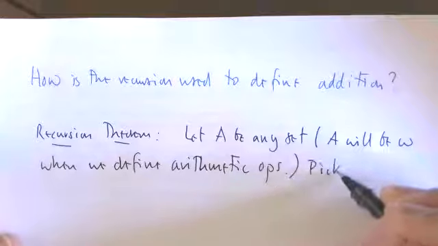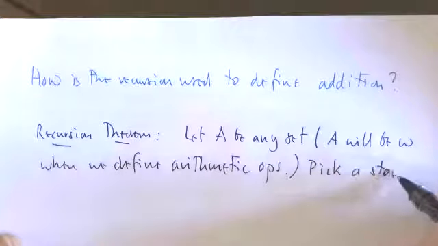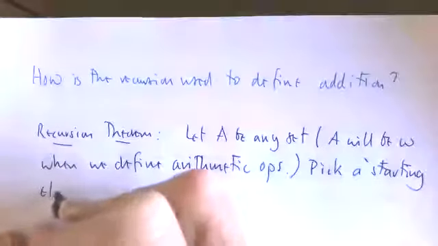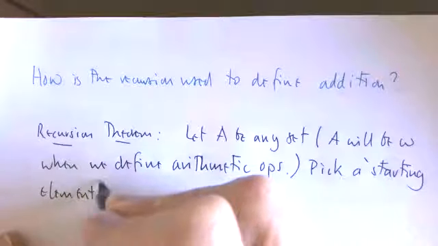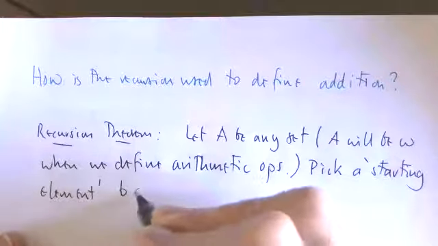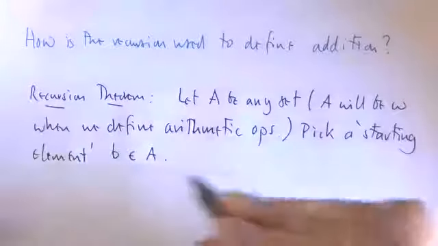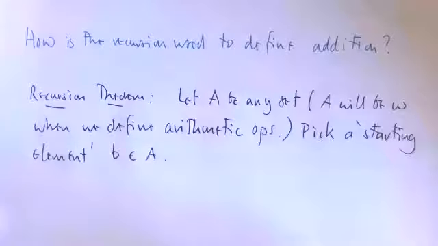We pick a starting element, b in A, and a function that's going to give us always the next thing.